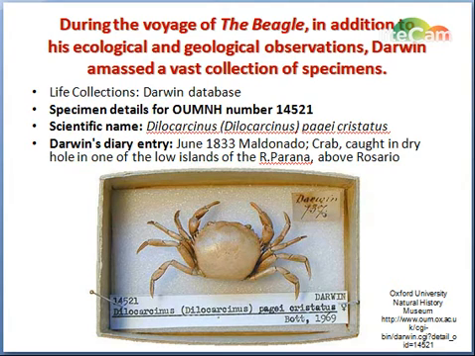This is a picture of a crab that's being held. It's one of the original specimens that Darwin collected on that journey, and you can find these specimens in various museums. There's a large collection at Oxford University in England in their Natural History Museum, and you can see a lot of these specimens online.